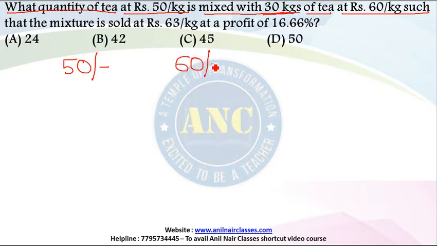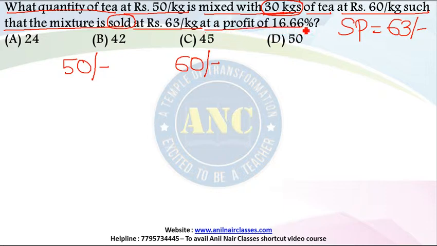Second parameter is costing 60 rupees per kg and quantity of the second parameter is given as 30 kg. That we will check at the end anyway, no issues. So that the mixture is sold at 63 rupees per kg. Selling price is given as 63 rupees per kg at a profit of 16.66 percentage.